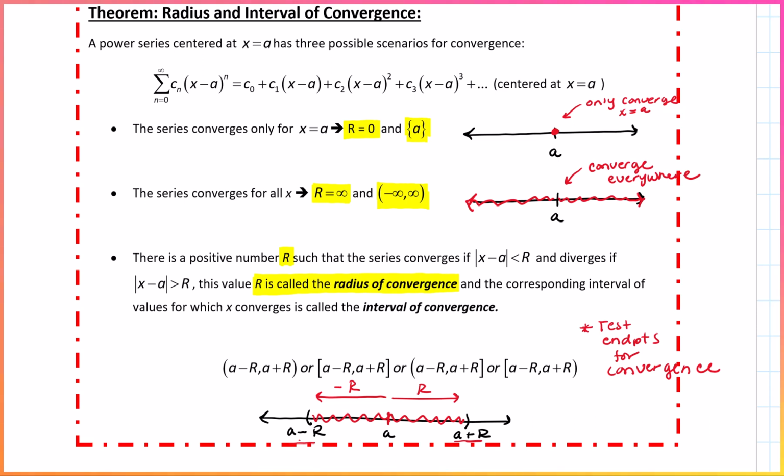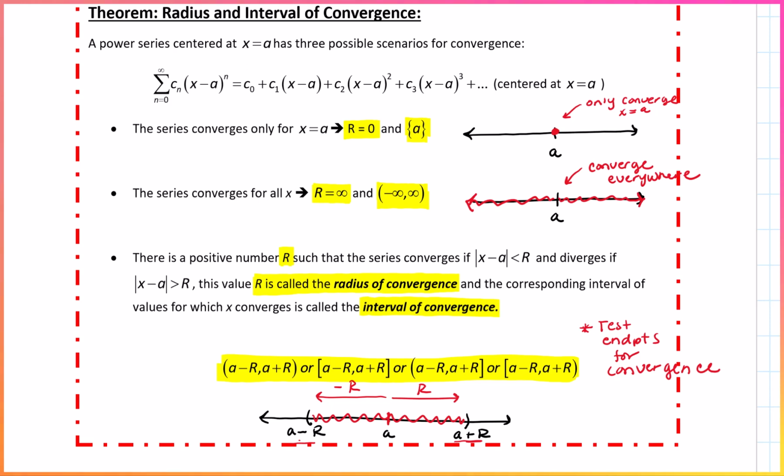It could converge at both of them, or converge at just one of them. That is why, notice here, we actually have 3 or 4 possibilities for the interval of convergence. The interval of convergence will either include the endpoints or not include them, depending on whether we have convergence of the series at those points. So that you just have to test for, and you have those 4 possibilities.